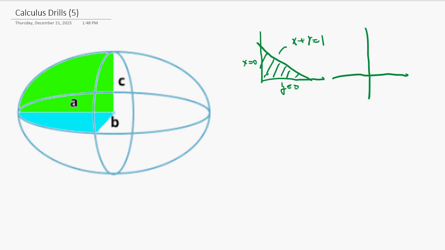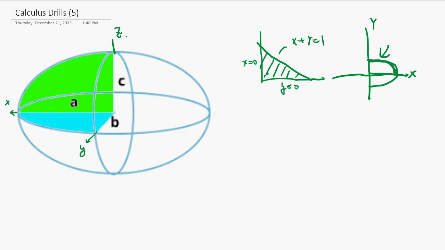Okay, this time we are talking about an ellipsoid. So we take, say, the xy area, and this is going to be the boundary. In this case, say this is x and this is y and this is z.